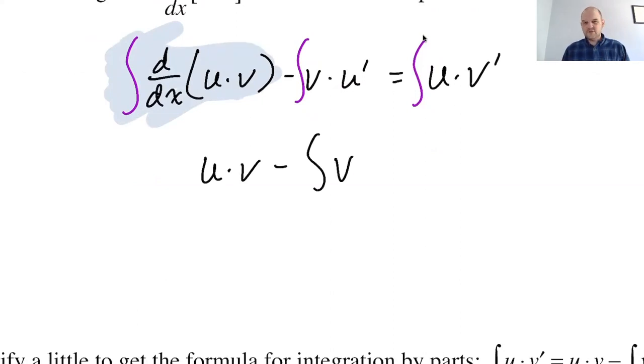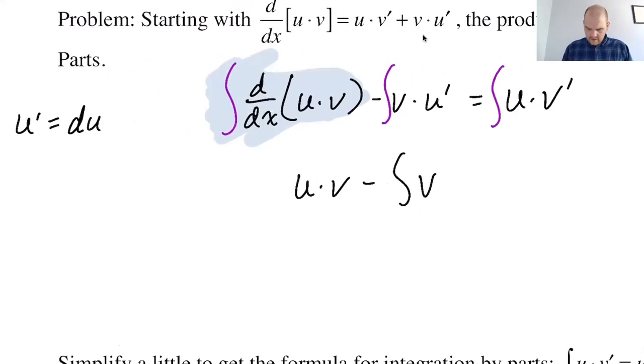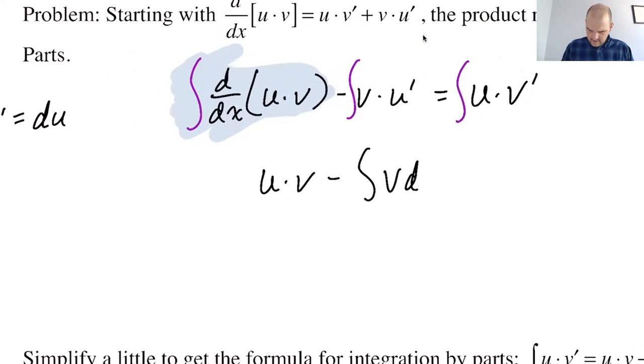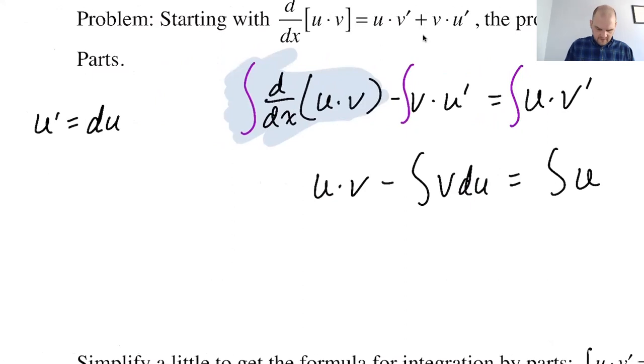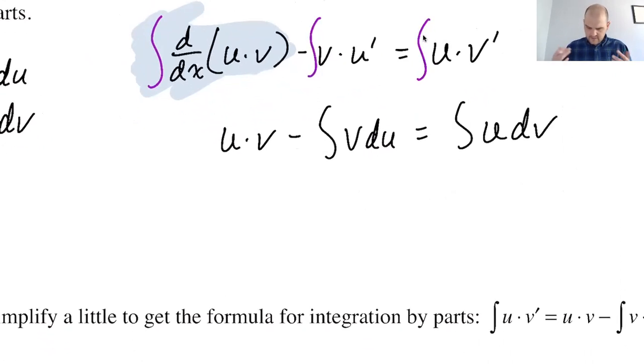And then I'm going to replace some things here. So u prime, I'm going to call du. So the integral of v du, and I'm going to do the same thing for v prime. I'm going to call v prime dv, because I like that notation better. So how is this helpful?